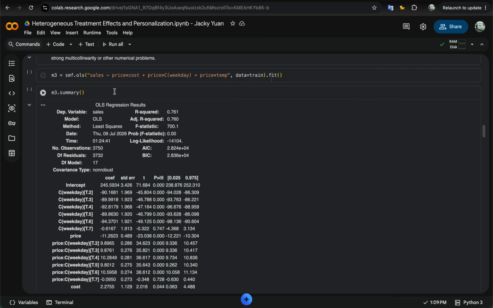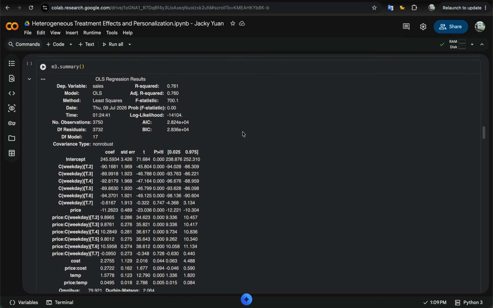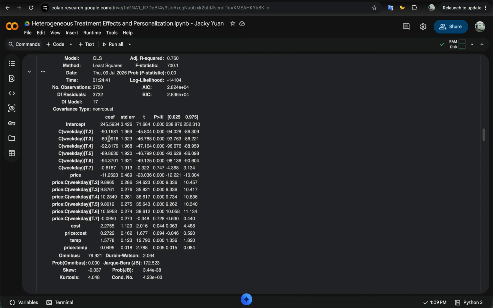In this regression, I let price and cost interact together, price and weekdays interact together, and also price and temperature interact together. You will see a lot of heterogeneous effects underneath with different coefficients that will actually affect our final results.